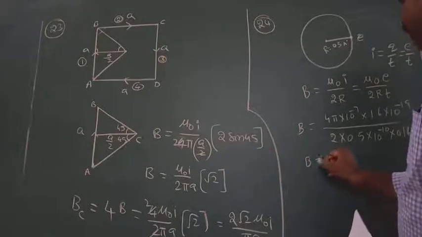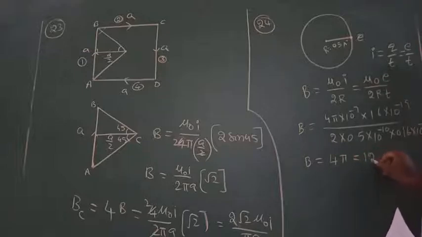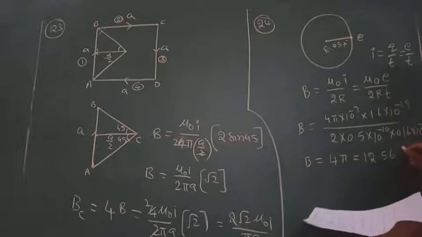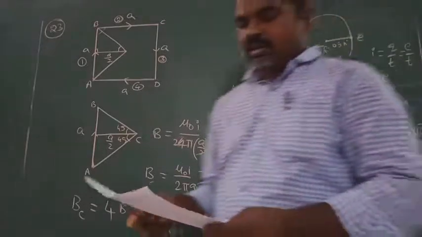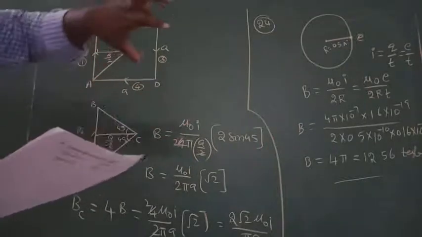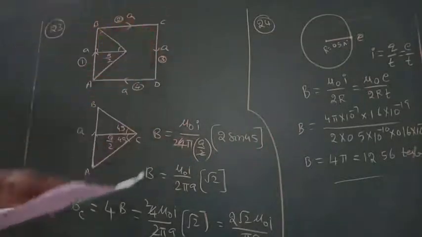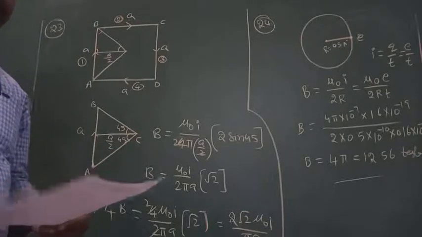By simplification we get 4 pi amperes, that is 12.56 Tesla. The magnetic field induction due to an electron revolving around in a circular orbit at its center is 12.56 Tesla.